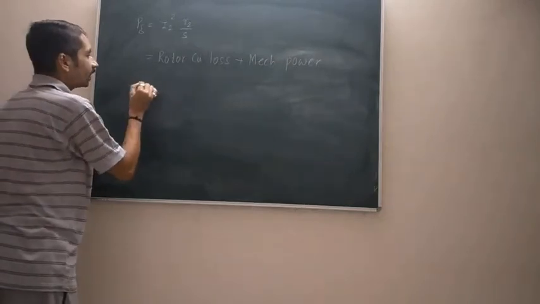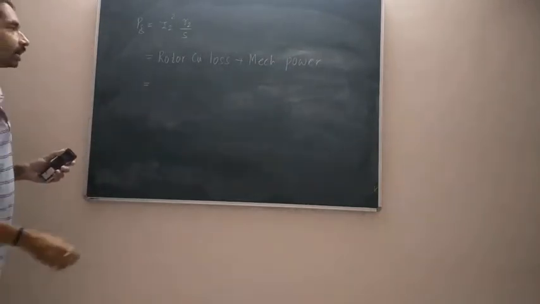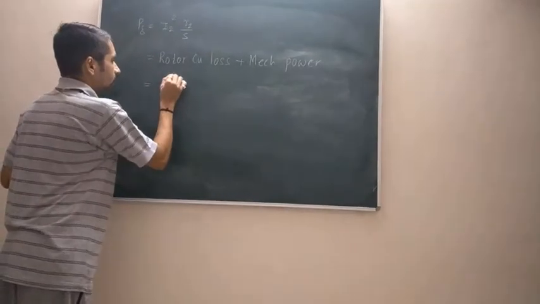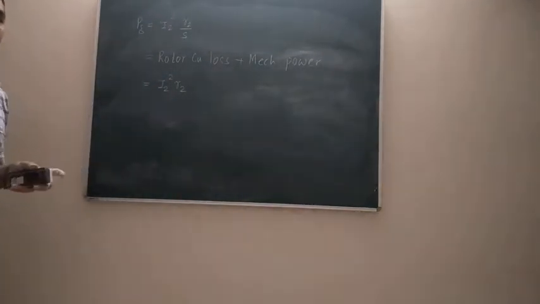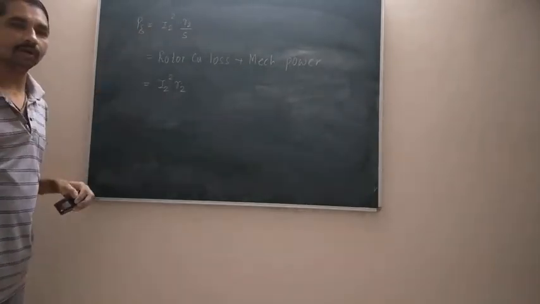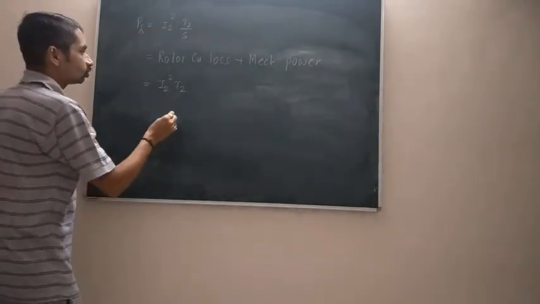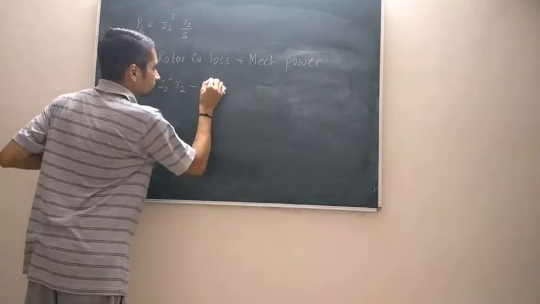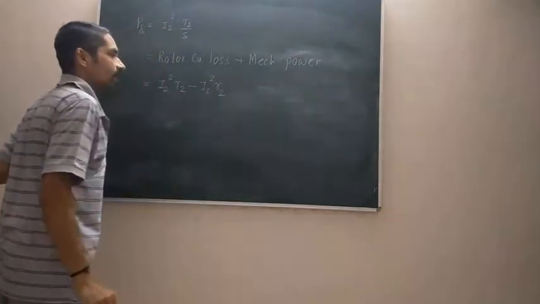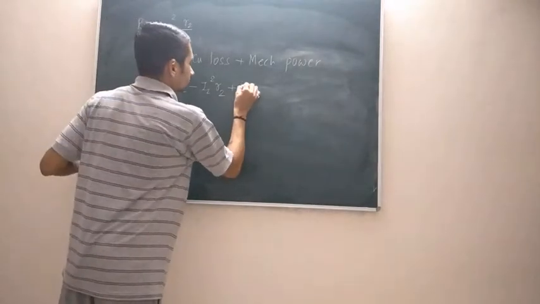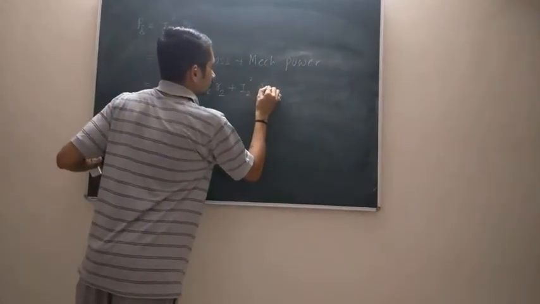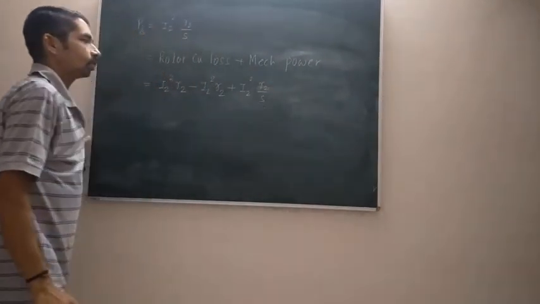I will modify the original equation for air gap power somewhat like this. I will just add I2 square R2 in the original equation and subtract it. So it will be I2 square R2 minus I2 square R2. Mathematically I have not made any change, plus I2 square R2 upon S.